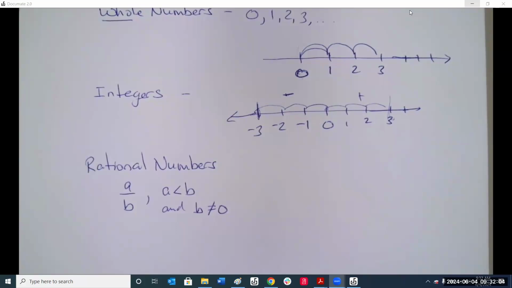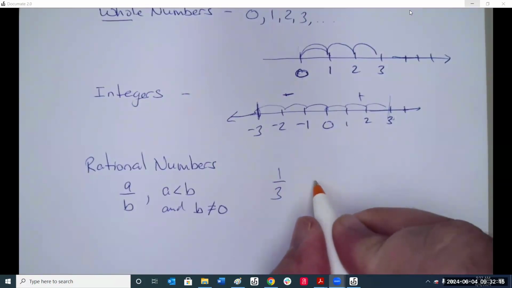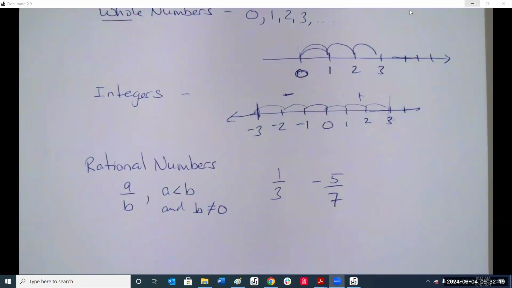A is less than B and B is not equal to 0. -1/3, -5/7.